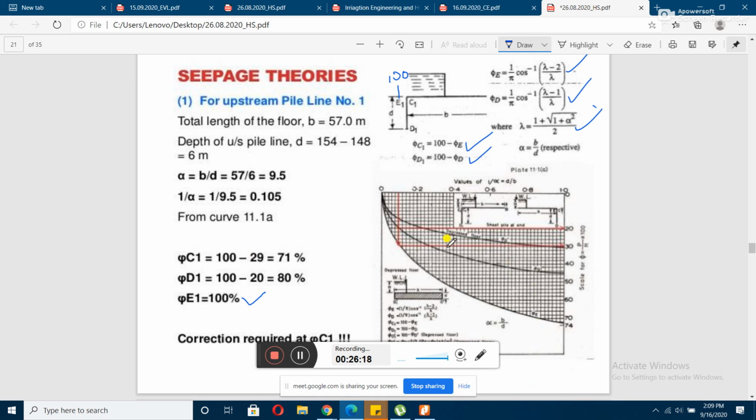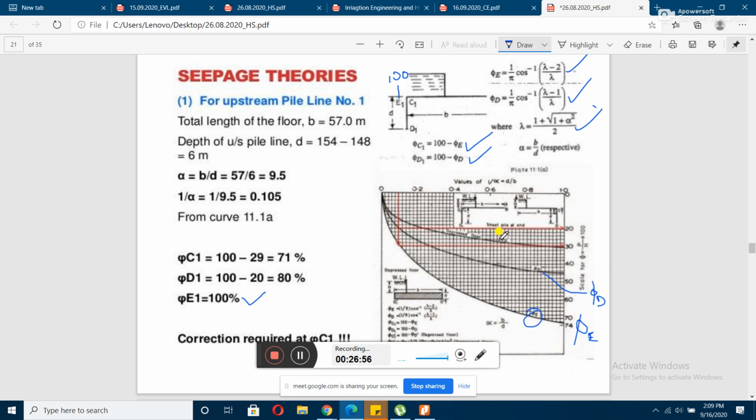In this graph, this curved line is phi E. This particular line denotes phi E, and this other line denotes phi D. If you have the graph, you can get a clearer vision of it.